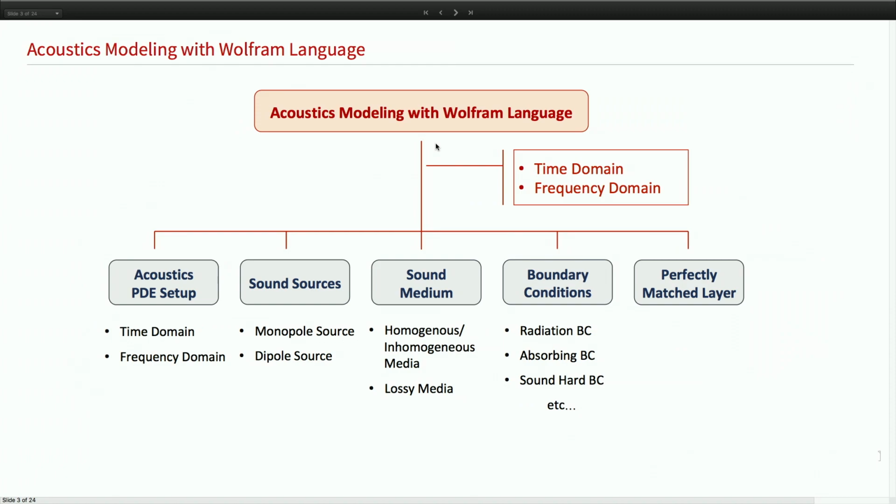I will show you how to set the acoustics PDE, how to model sound sources and various types of sound medium. I will also show you how to use the built-in functions in the Wolfram language to map the acoustics boundary conditions.